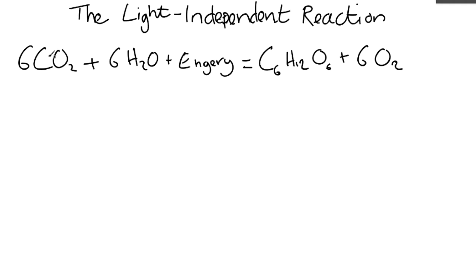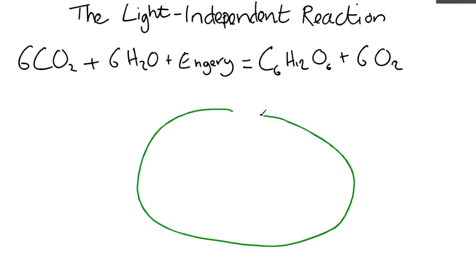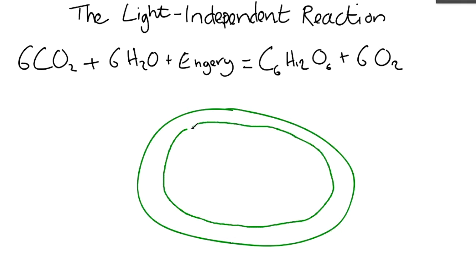Photosynthesis has two main stages: the light dependent reaction and the light independent reaction. In one of my previous videos I drew something like this, a very quick attempt at a chloroplast.